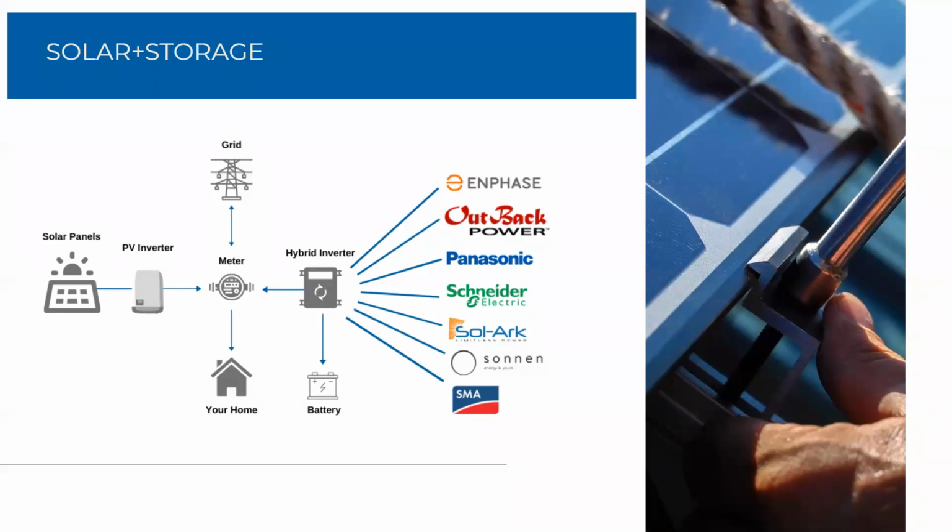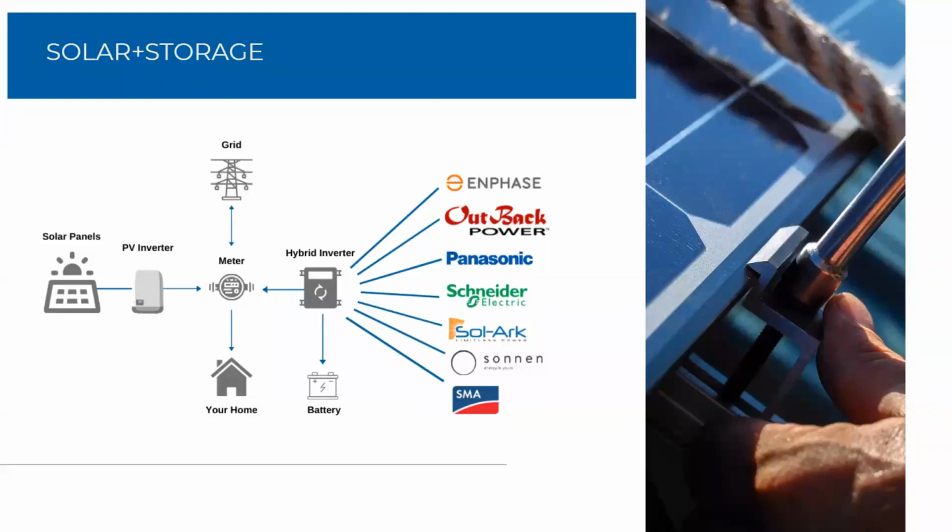If the grid goes down and the sun is fully shining, that means I have 15 kilowatts coming from my PV array into my hybrid inverter, and that is too much. The hybrid inverter will be unable to output all of the power that it's receiving. So by making our hybrid inverter larger, we are ensuring that if our PV inverter is operating at its maximum capacity, the hybrid inverter can output all of that power.